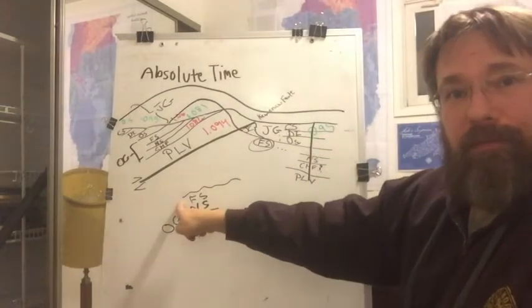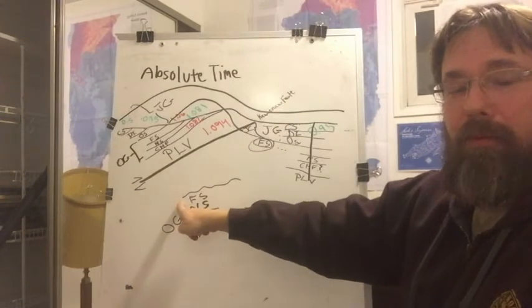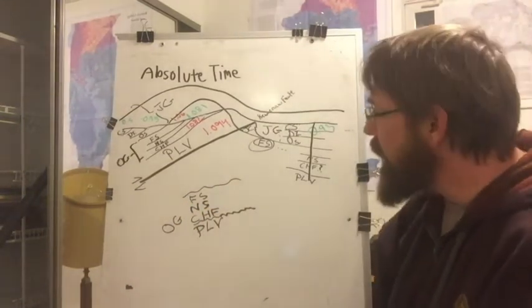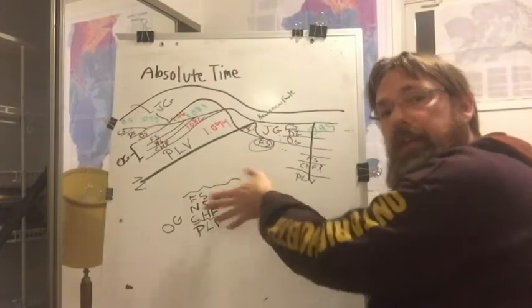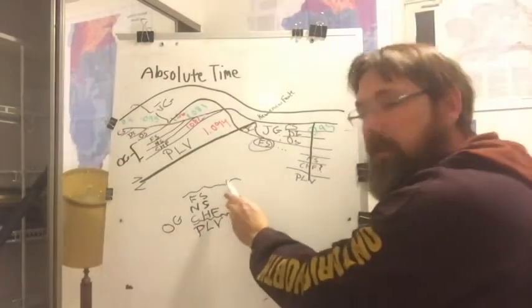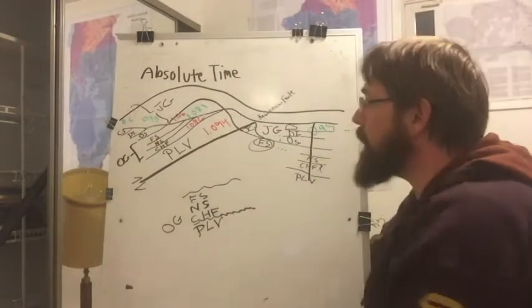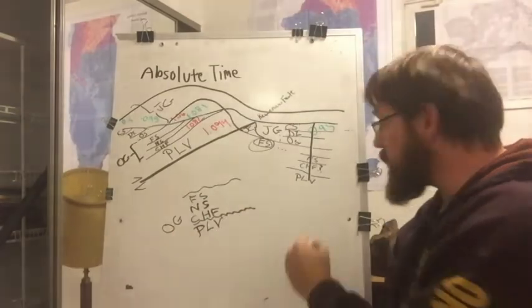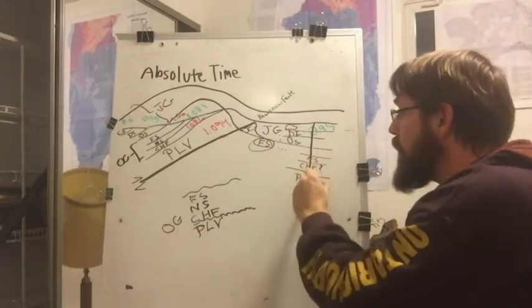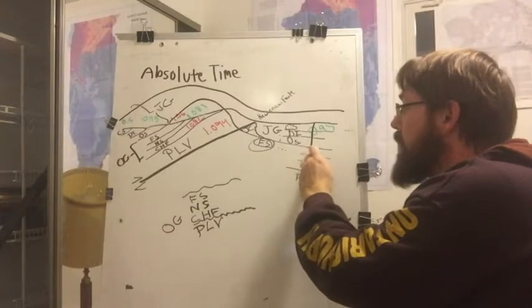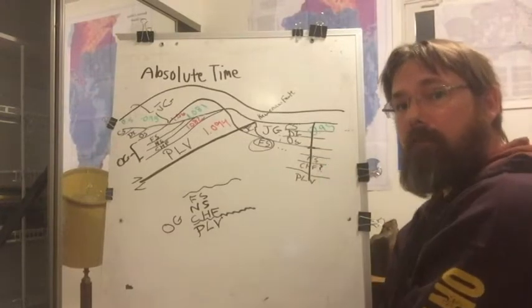The Frida I'm tackling next year, but I'm going to leave the Nonsuch alone, I think. Over distances, these three intertongue with each other, but at the top there is a distinct unconformity, and one of the few places that unconformity is exposed is in the Saint Amour core, right here.